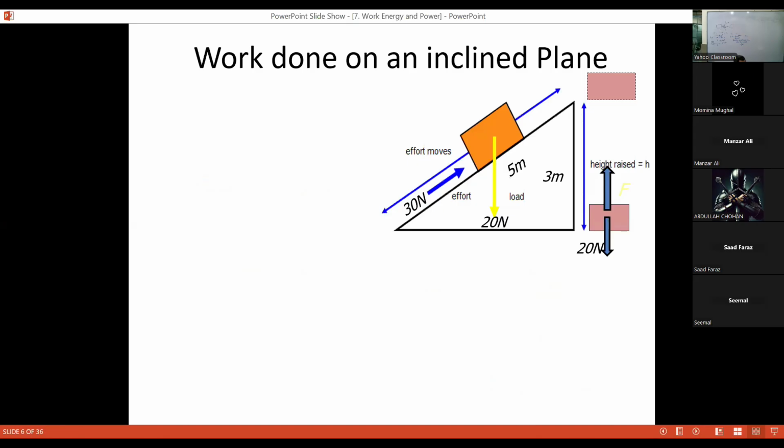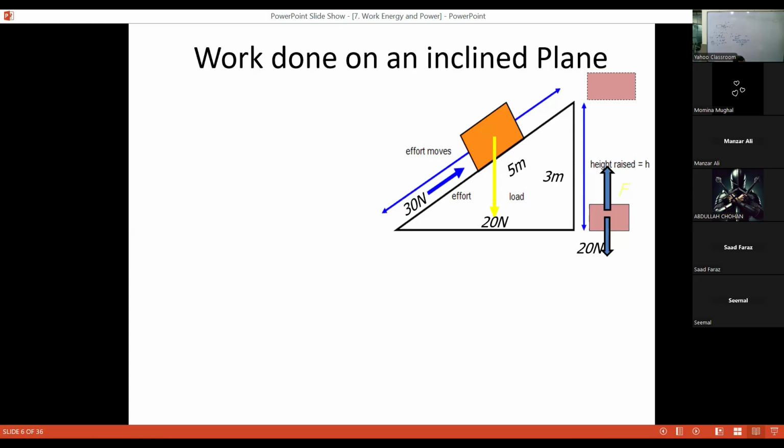Simple example. We are moving an object on an inclined plane, applying a force of 30 newtons, and it reaches the top. Vertical height is 3 meters. Weight of the object is 20 newtons.